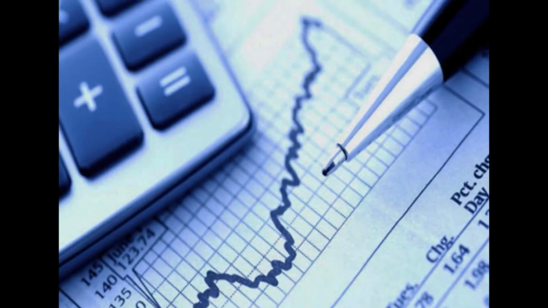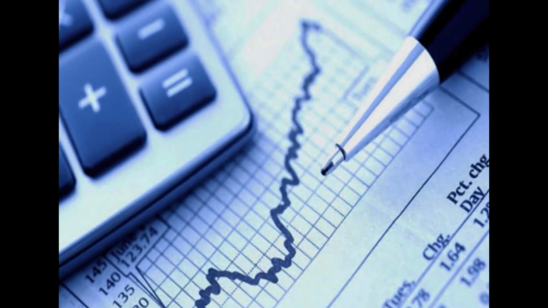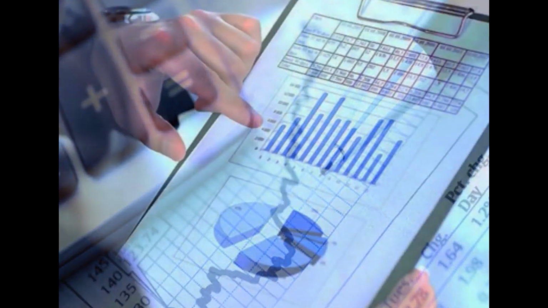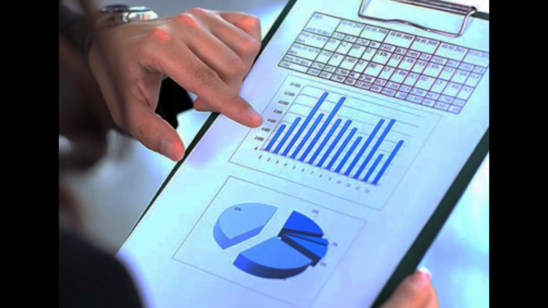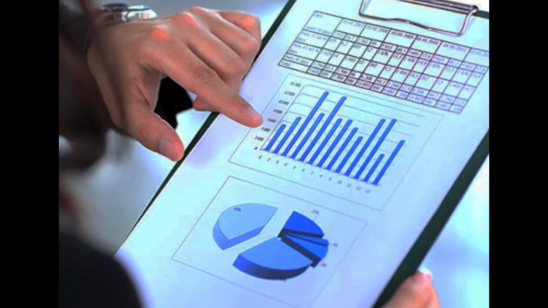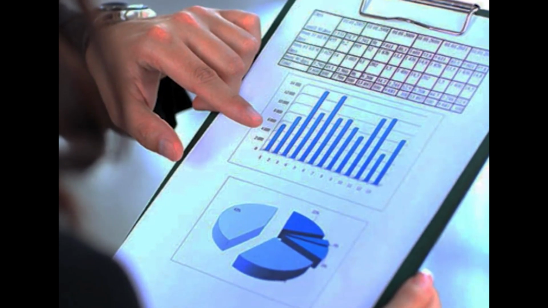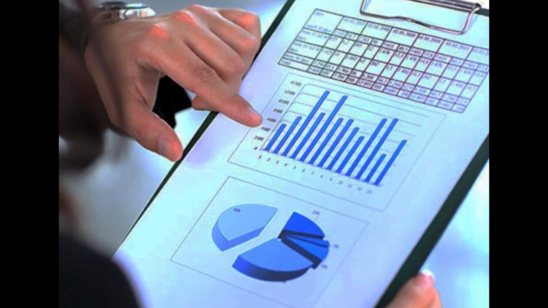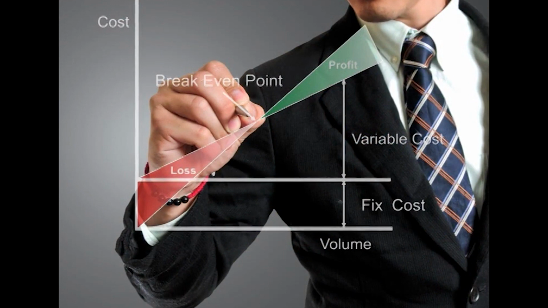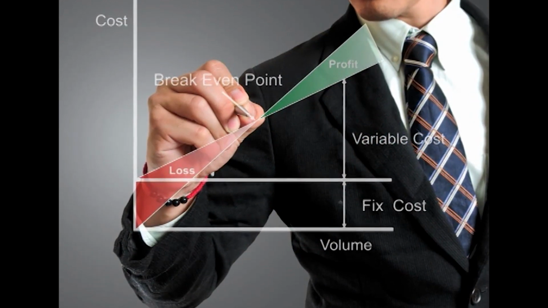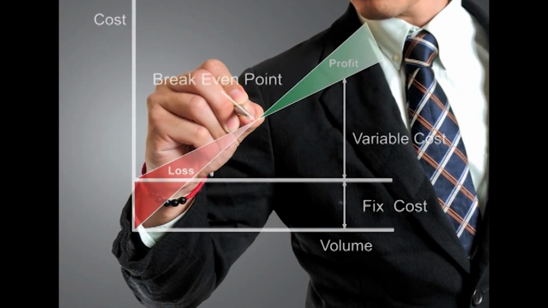The analysis is a tool of financial analysis whereby the impact on profit of the changes in volume, price, costs and mix can be estimated with reasonable accuracy. Break-even point is the equilibrium point or balancing point of no profit, no loss.